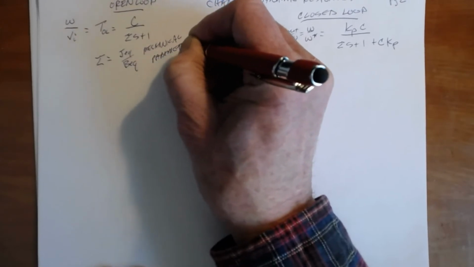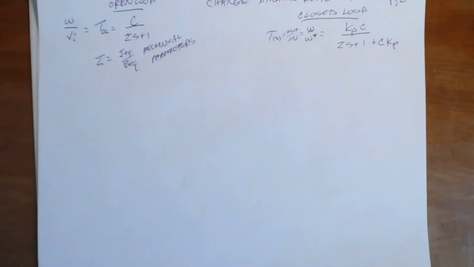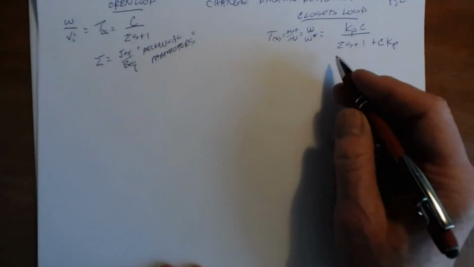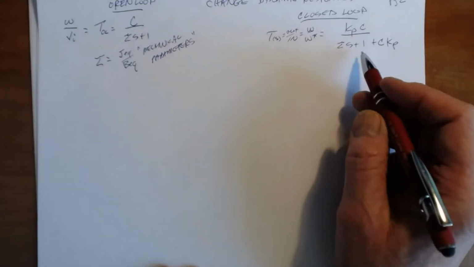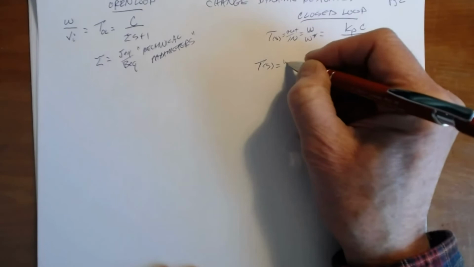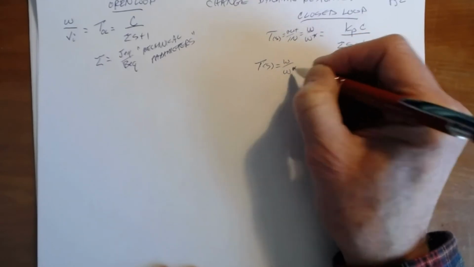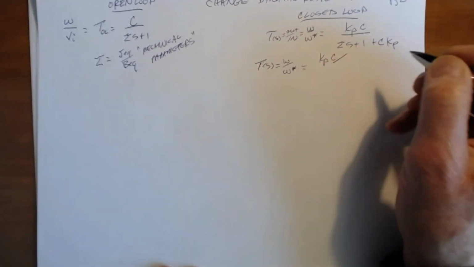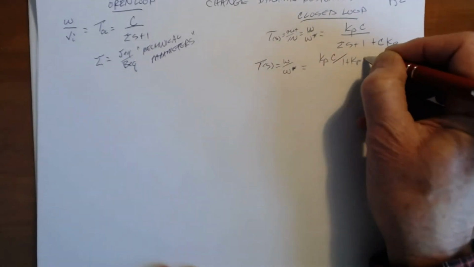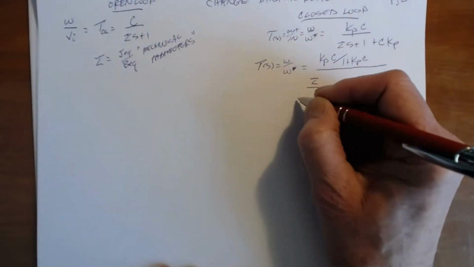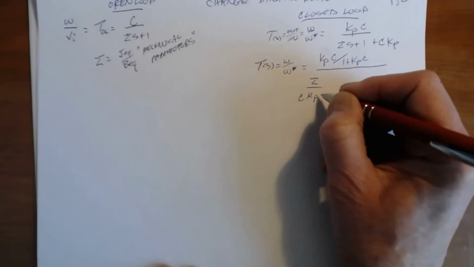So in order to change these, that costs money. You have to go buy a new motor or something, right? So now I'm going to look at this time constant, and put this into a different form. That says that T of S is equal to omega over omega star, which is going to be Kp times C divided by 1 plus Kp times C, divided by tau over C Kp plus 1, S plus 1.